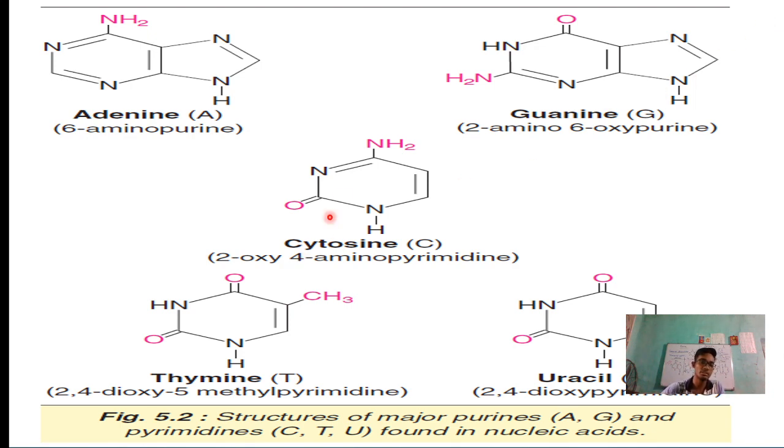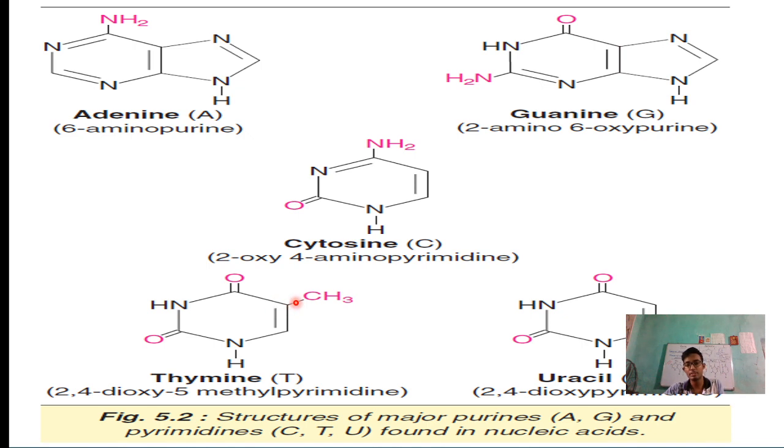In the case of cytosine, it is 2-oxy 4-amino pyrimidine. It is the structure of pyrimidine, so it is called 2-oxy, because oxy is present at the 2 position and the 4-amino is present at the 4 position. In the case of thymine, it is 2,4-dioxy, because at positions 2 and 4 an oxy group is present, so it is 2,4-dioxy 5-methyl pyrimidine, and there is a methyl group present.